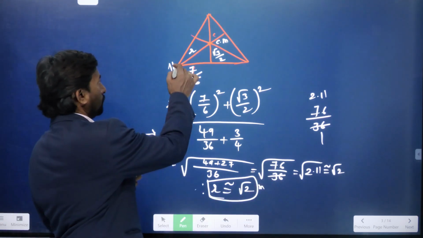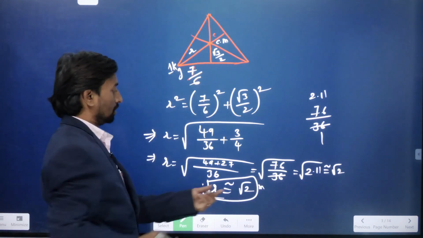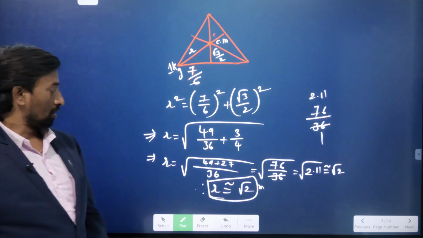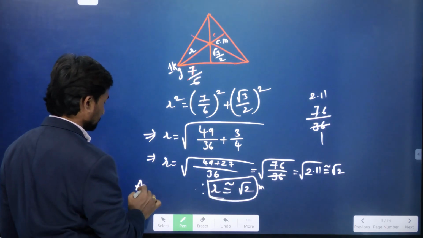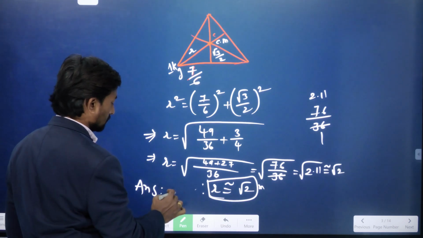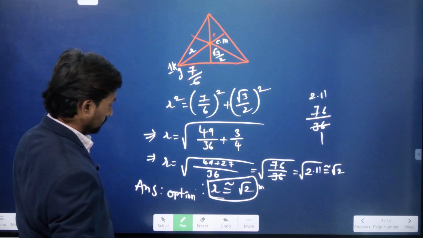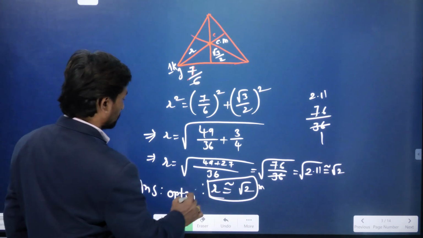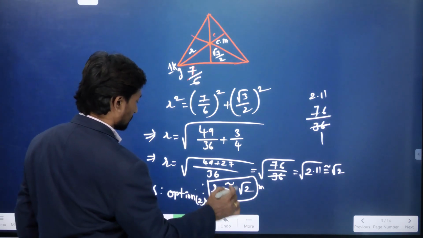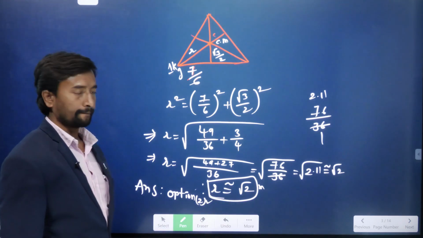So from the origin, this distance is root 2 meters. So the correct answer is option 2. Option 2 is correct. Okay.